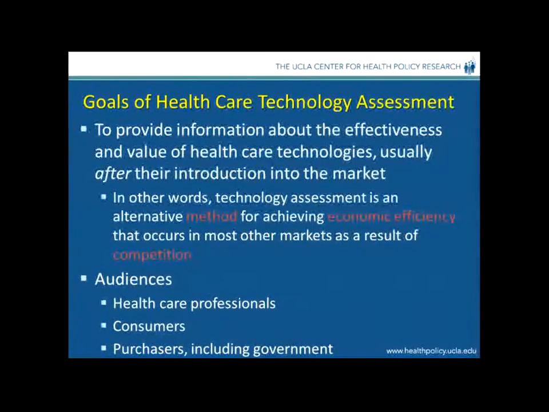So anyway, I said that I didn't want to get too lost in the economic jargon. What I really want to do is set the stage to say that what we're trying to do in healthcare technology assessment is to provide information about the effectiveness and value of healthcare technologies, broadly defined, going back to my first slide, the broad definition of healthcare technology. And usually after these things have been introduced into the market. I'll come back to why the after is important.